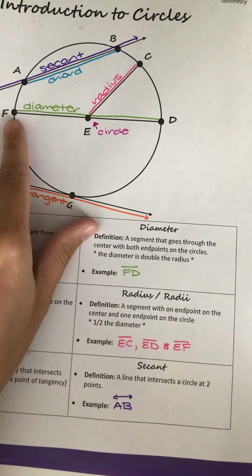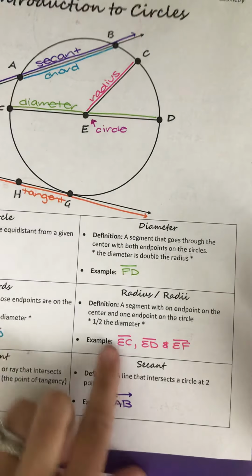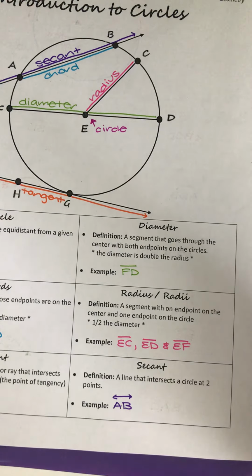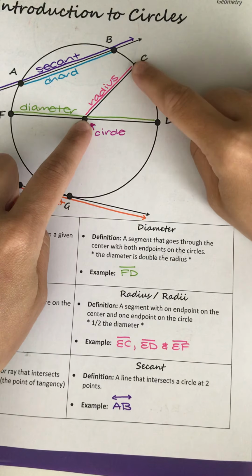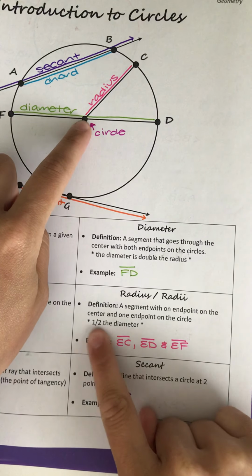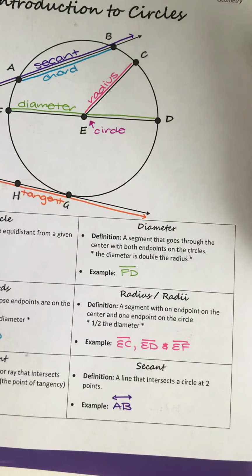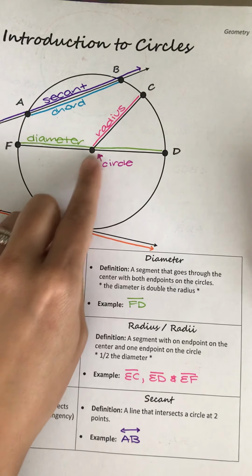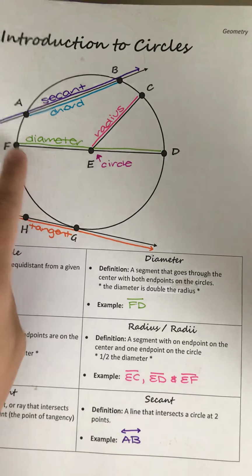We would call this diameter line FD. Whereas a radius is a segment with one endpoint on the center and the other endpoint on the circle. You should know by now that it's half of the diameter. This one we would call EC. This is also a radius, ED, and EF.